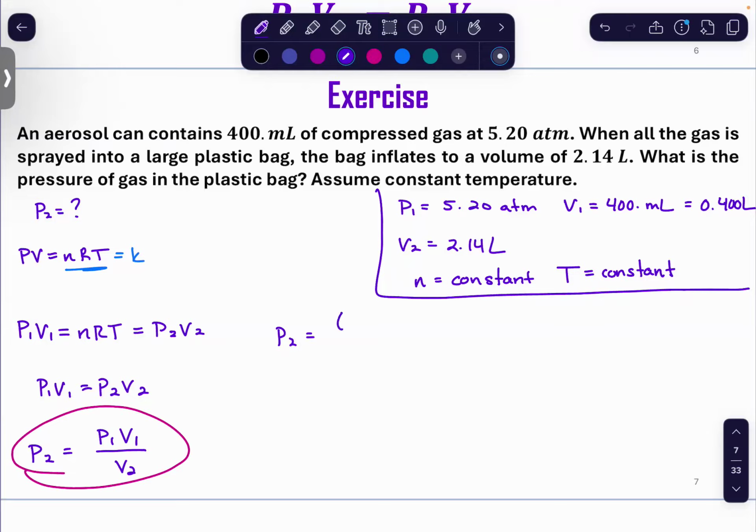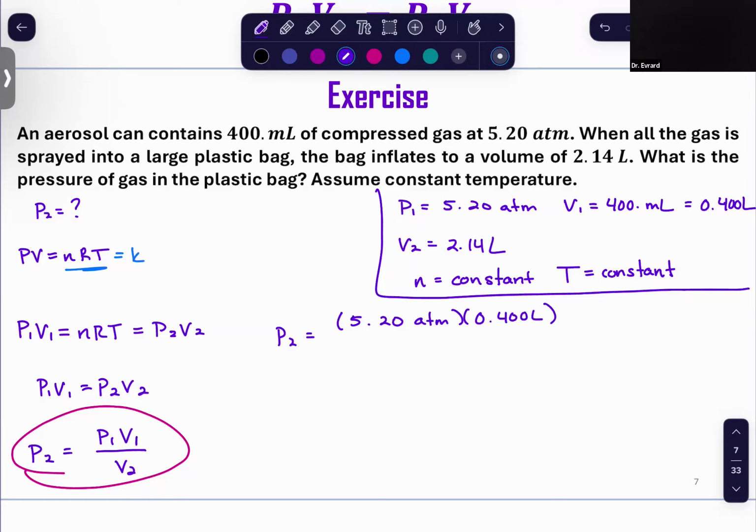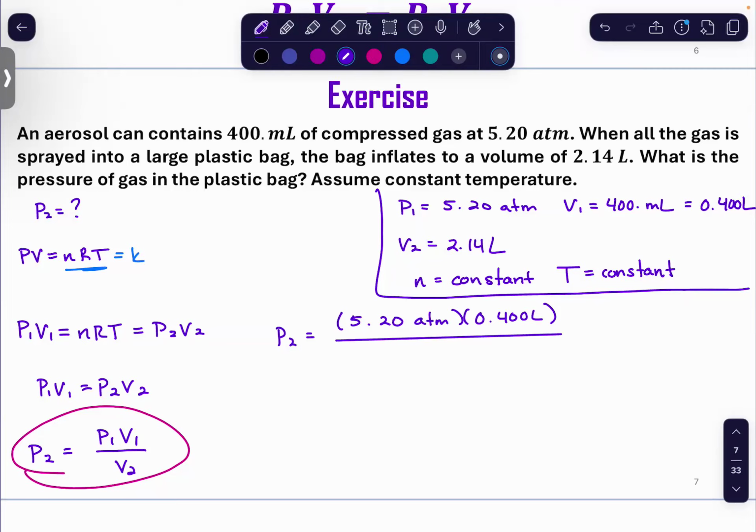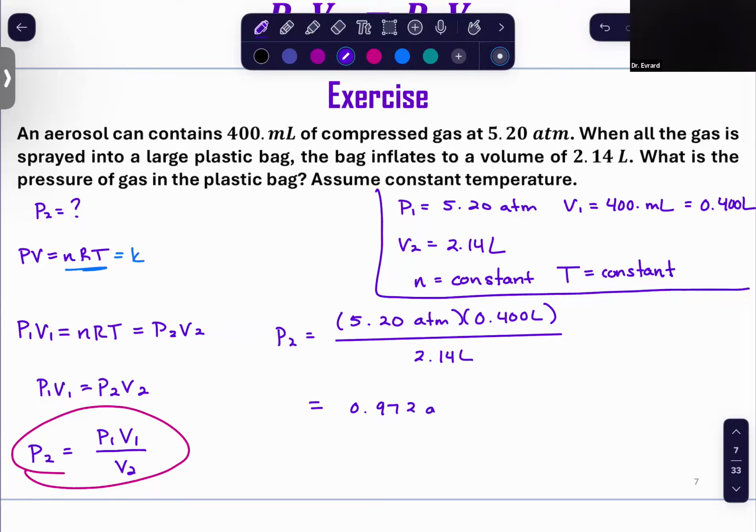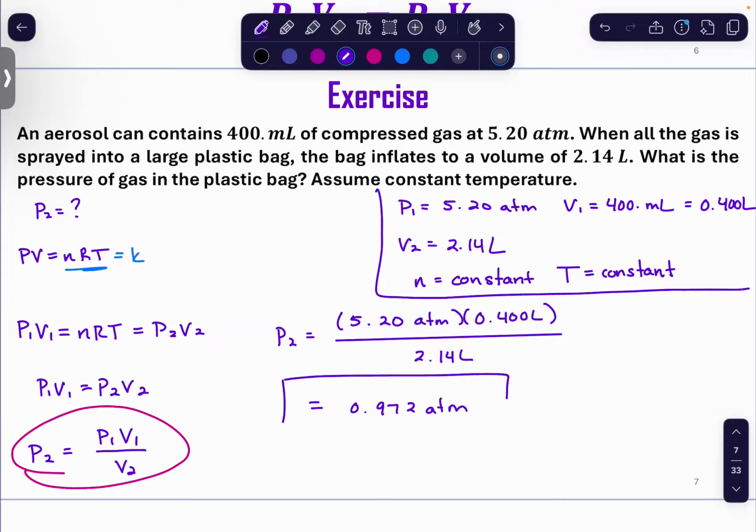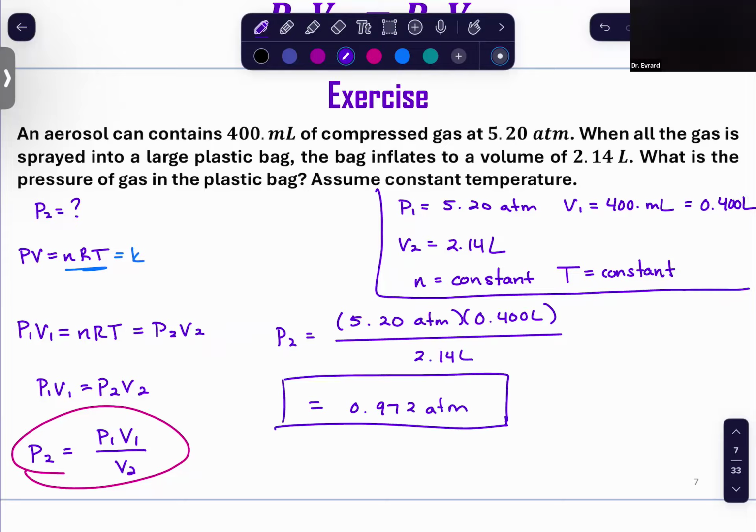So then what do we have? 5.20 atmospheres times V1, that's going to be 0.400 liters, everything over 2.14 liters. Well, we're in luck here because everything is three significant figures, so our answer will be in three significant figures. When we multiply this out, we get 0.972 atmospheres, and that's going to be our second pressure.